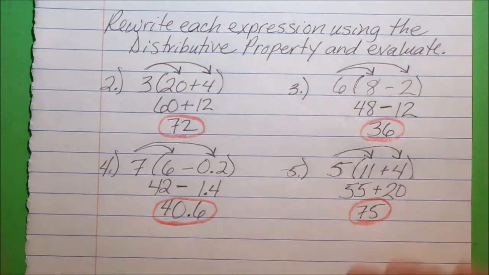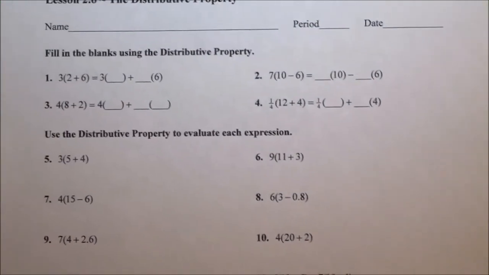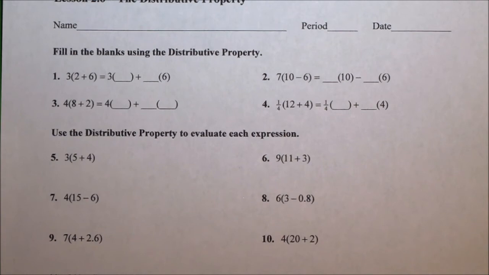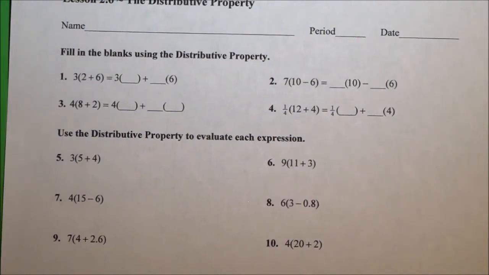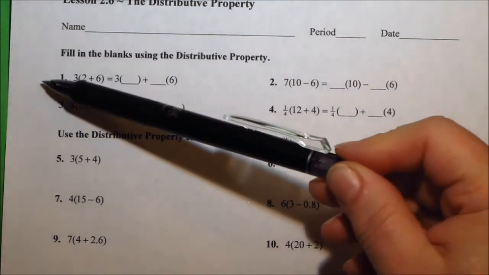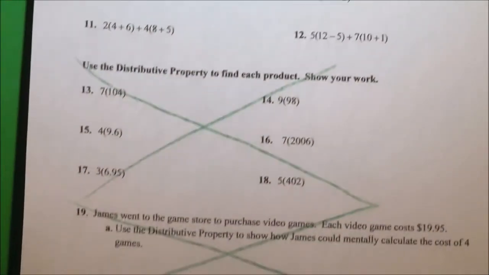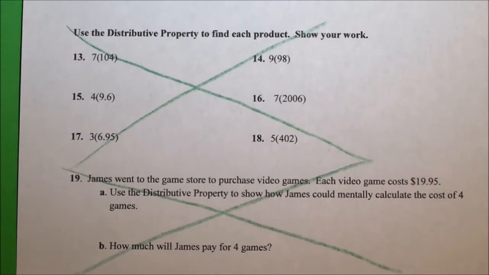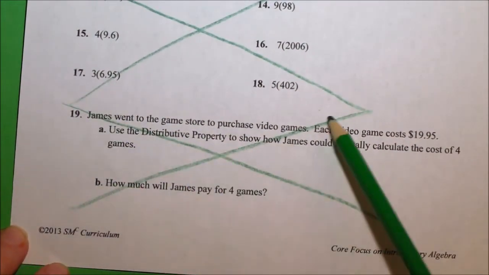worksheet. So the worksheet is important that you watch. In our classes out at Shasta, we do something a little different, so I want you to pay attention here. On this worksheet, you will only be doing numbers 1 through 12. That's it. So take your pencil right now and cross off this area here and cross off this area here.